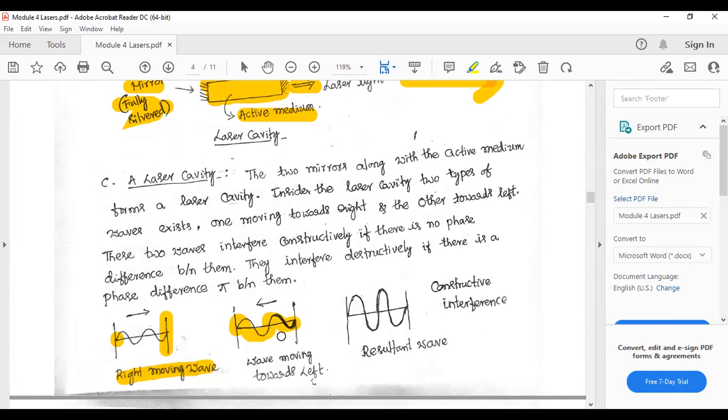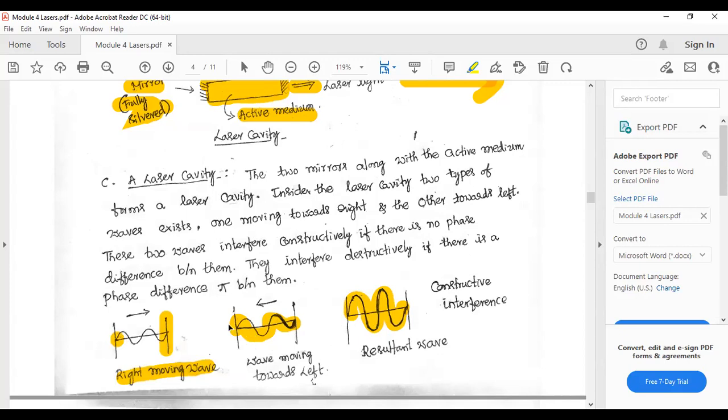Now, the aim of constructing this laser cavity is that I must get constructive interference between these two lights. The light which is going towards the right should constructively interfere with the light moving towards the left.